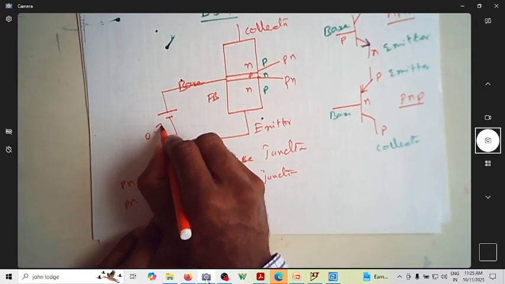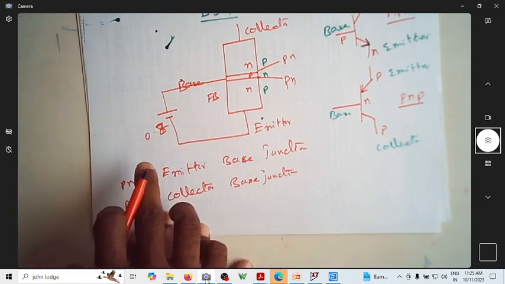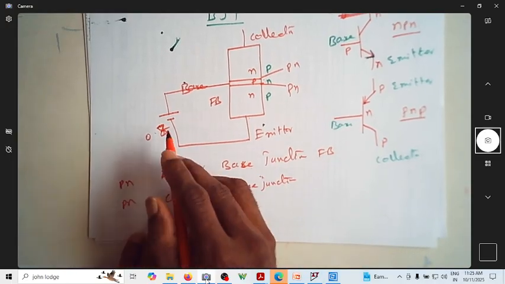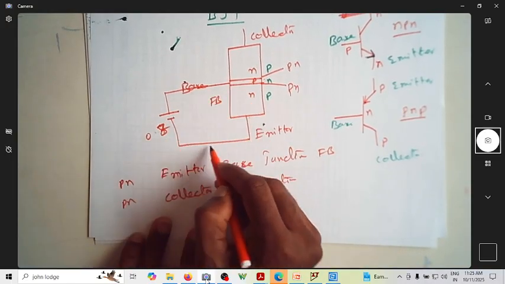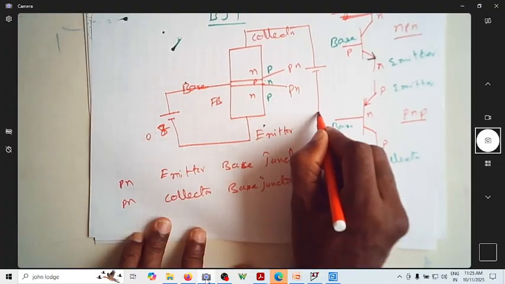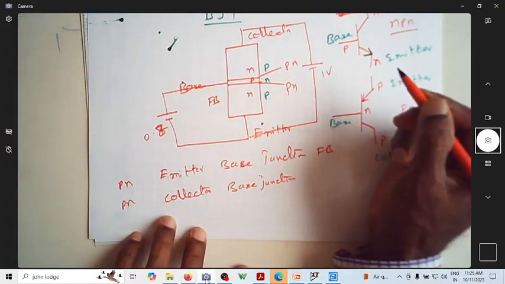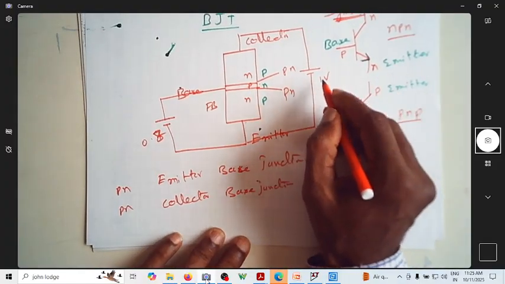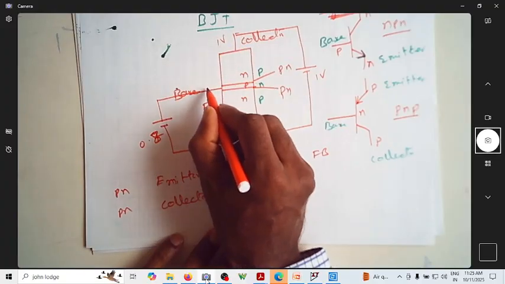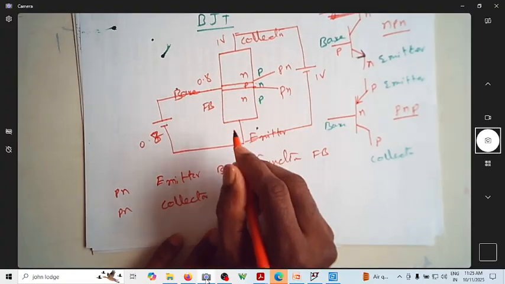Assume that I'm connecting 0.7 volt or 0.8 volt. If I connect 0.8 volts, this is now forward biased because this is getting positive, this is getting negative. So let me assume that I'm connecting some 1 volt here. At this point you have 1 volt, at this point you have 0.8 volts.